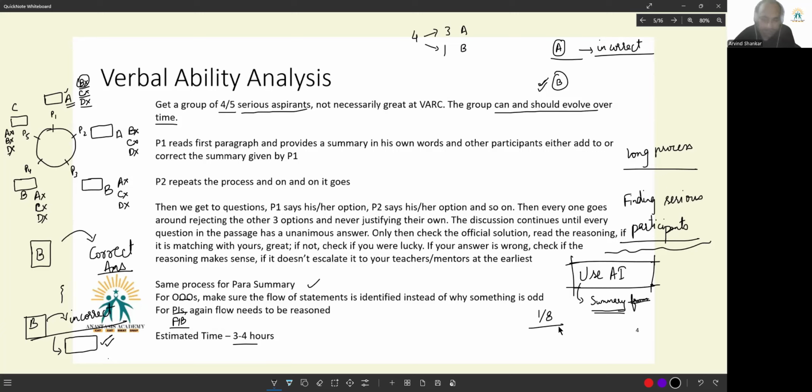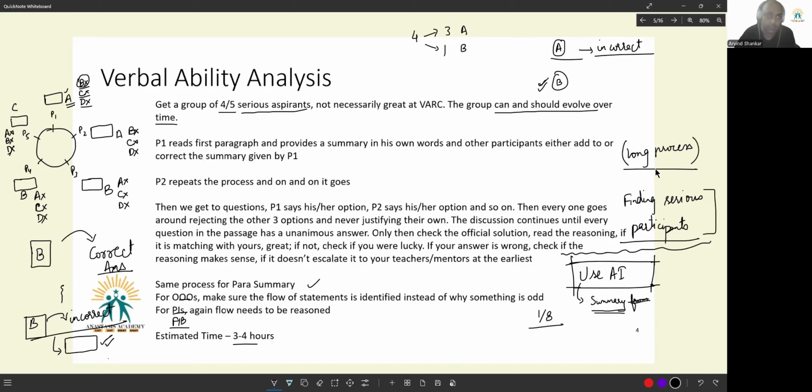Beyond that, identifying the right answer, rejecting an option, or identifying flaws with an option, none of that can ChatGPT do. ChatGPT is absolutely useless on that front. But for summary generation, and this fallback mechanism only exists when you're unable to find serious participants.